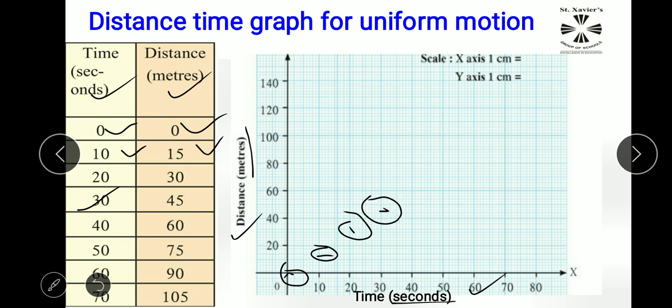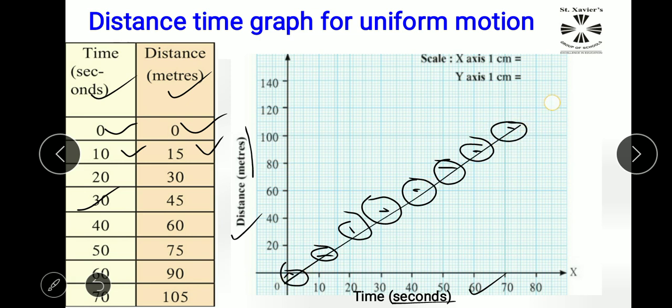Now 40 and 60, so our next point is there. Then 50 and 75, we'll get it somewhere here, and then 60 and 90. Later on 70 and 105.